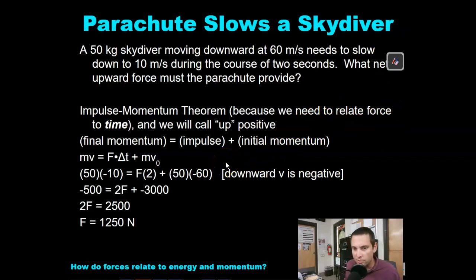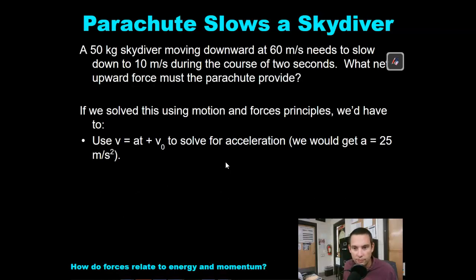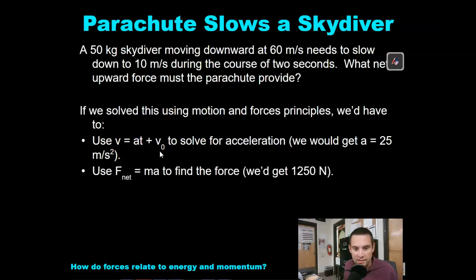But don't be too comfortable with those. We blew right through those, right? Be more comfortable with the impulse momentum theorem and the work energy theorem. If we solve this using motion and forces, we're going to use this to solve for acceleration, and then plug that into net force equals mass times acceleration.